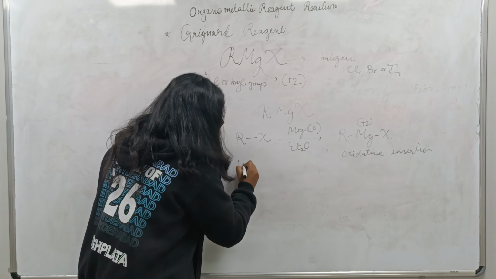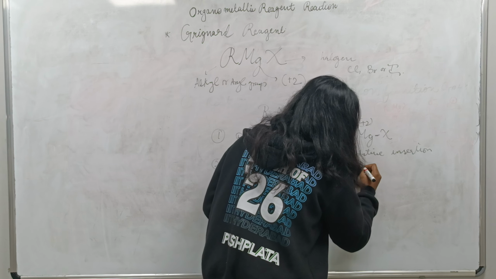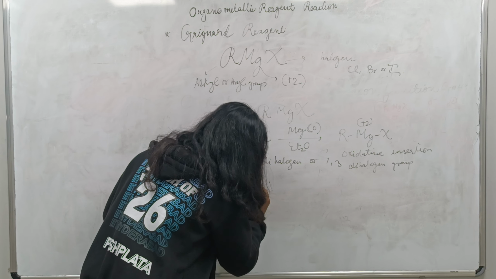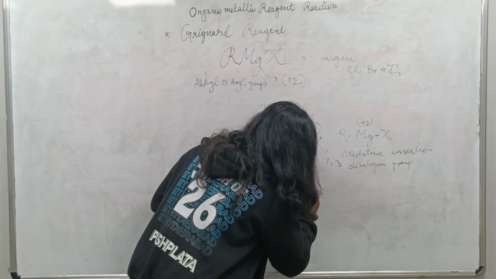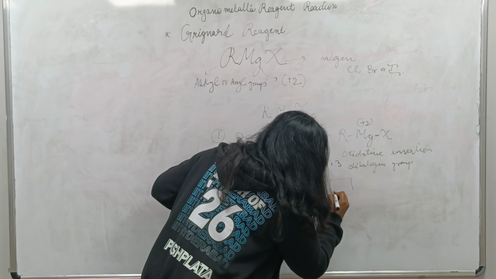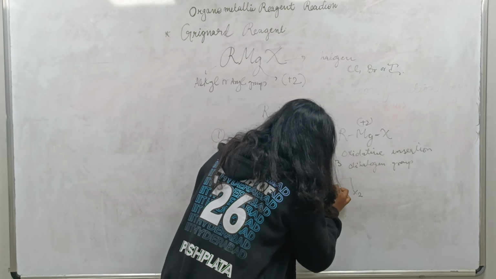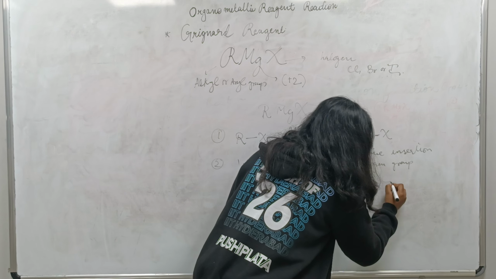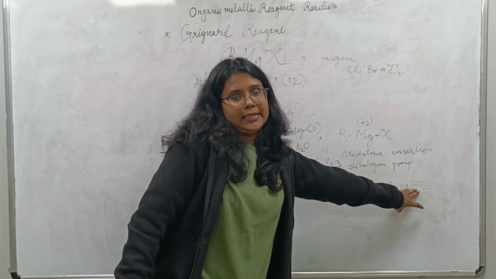For example, if we take a 1,2-dihalogen or 1,3-dihalogen compound, with halogens X1, X2, reacted with magnesium in presence of ether, it will form MgX1X2, but immediately this bond will break and a negative charge will form here and eliminate the other halogen, giving an alkene.